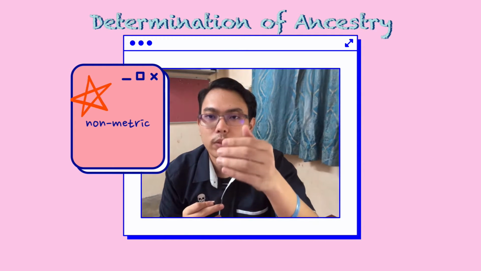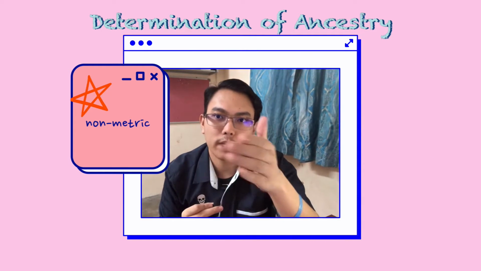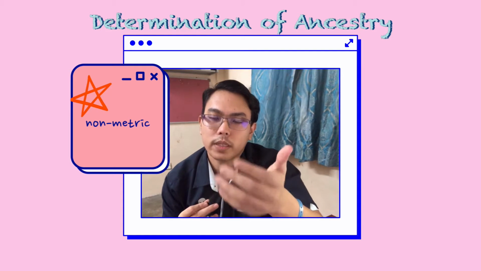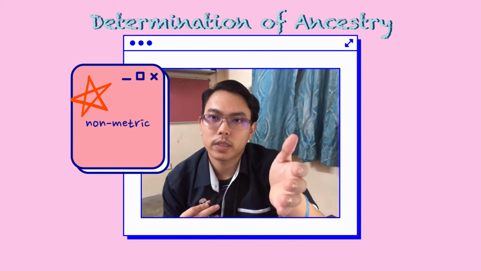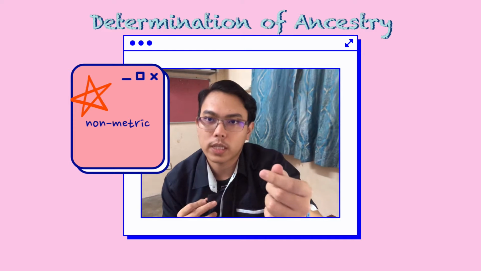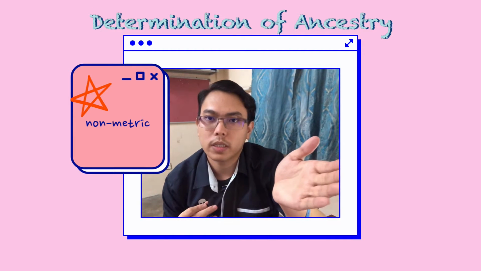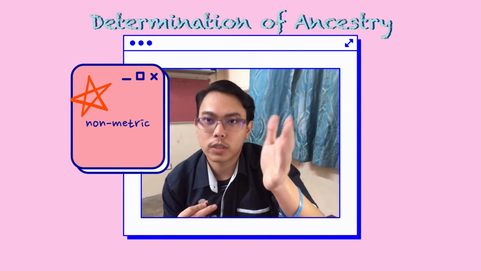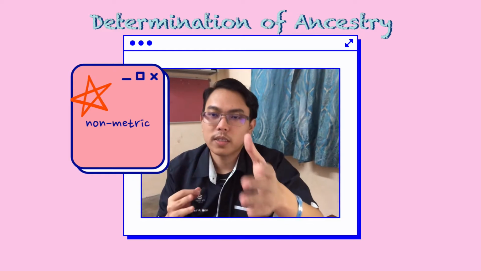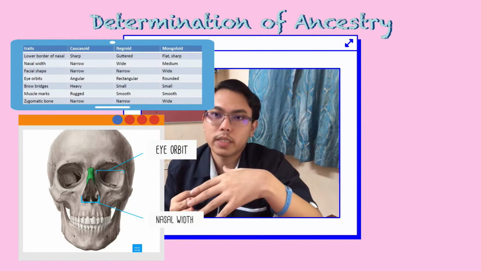Non-metric method is where we study the morphology of the skull. Each trait will give different variations to the morphology of the skull, so we can determine the ancestry from the morphology of the skull. As an example, we can see the eye orbit.